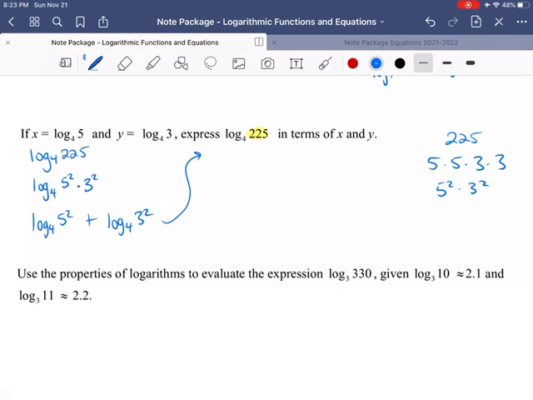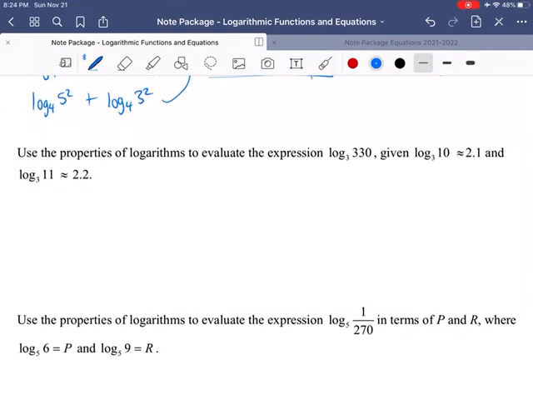Bring the exponent 2 down, so we get 2 log 4 5 added to 2 log 4 3. Now we're told that log 4 5 equals x, so I'm going to substitute x here and get 2x. And we're also told that log 4 3 is equal to y, so this becomes plus 2y. We're good to go.